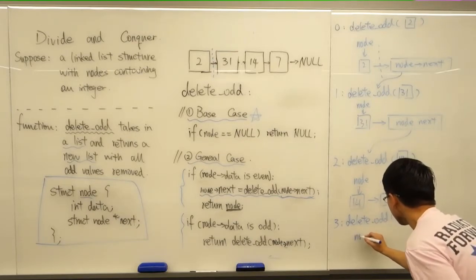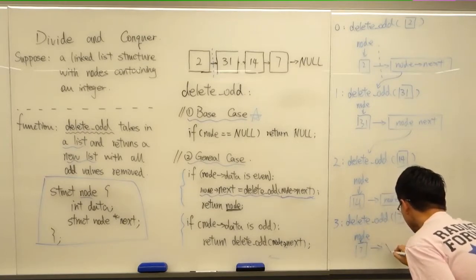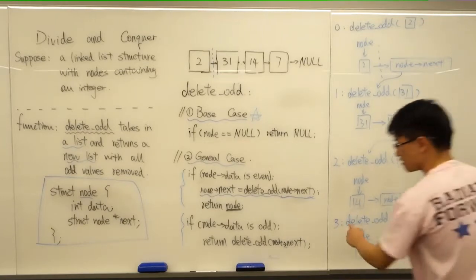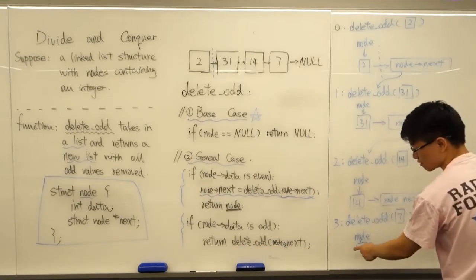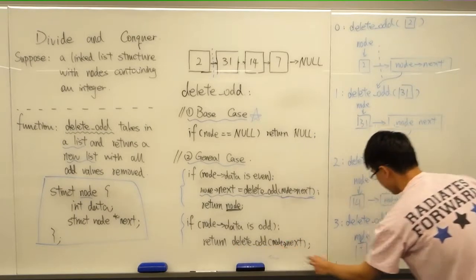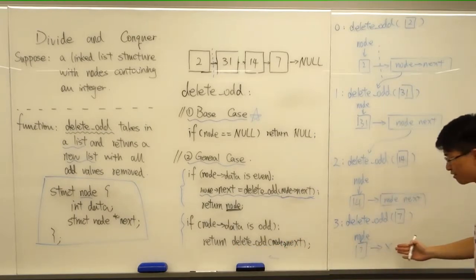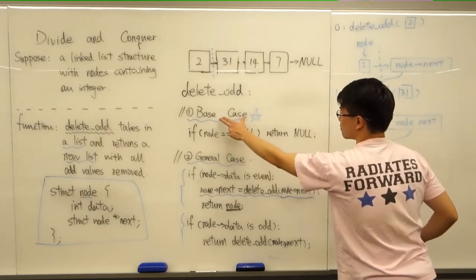When it comes to 7, I think we can stop calling functions. We have node 7 here pointing to null. At 7, it will call delete odd again, but we're running out of space, so I will just stop doing that. Delete odd, because node next in this case is null, and we catch null at a base case. This is very important.